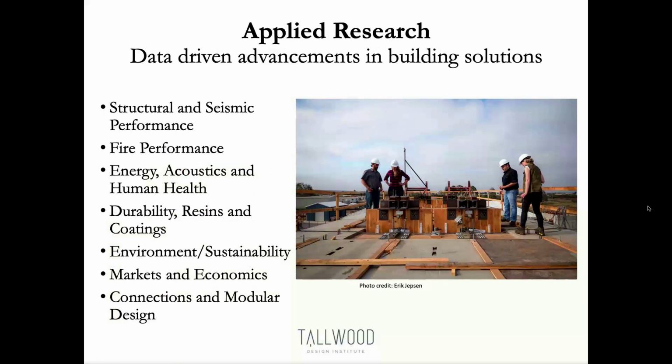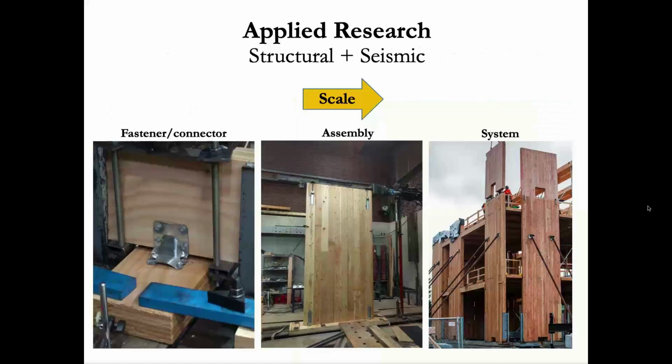So when we look at applied research, this is a synopsis of the work that we have going on at TallWood. We have around, I think, 50 projects over the last 5 years on mass timber, and about 35 professors at the 2 universities actively engaged in working together on these things. A huge one is structural, and Lori already talked about this a bit.